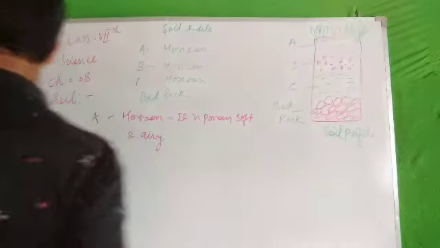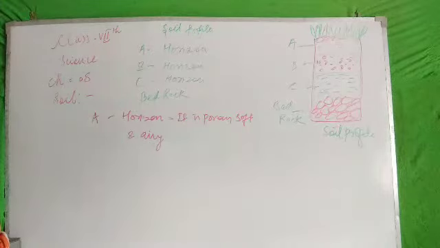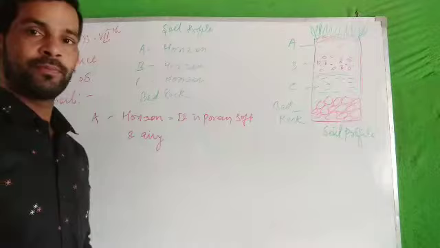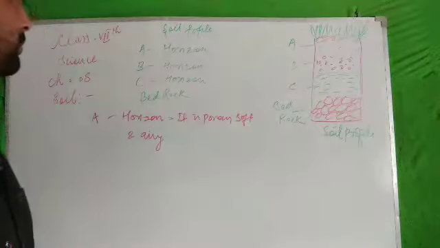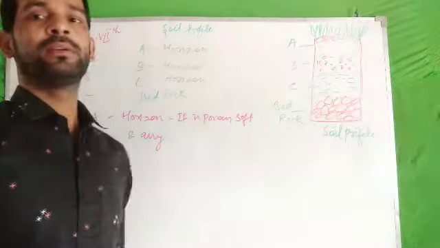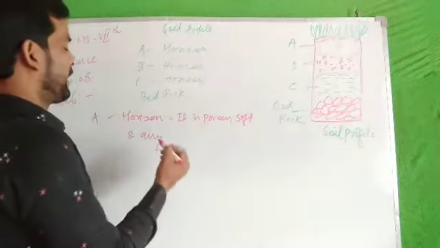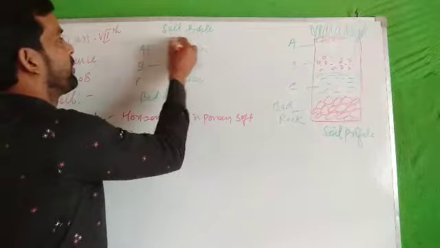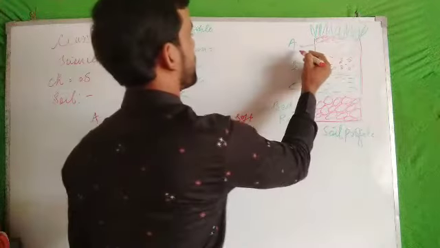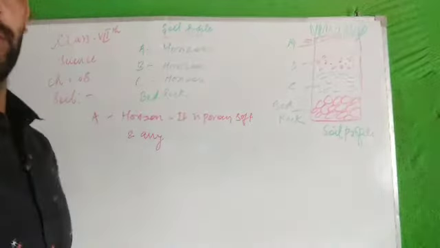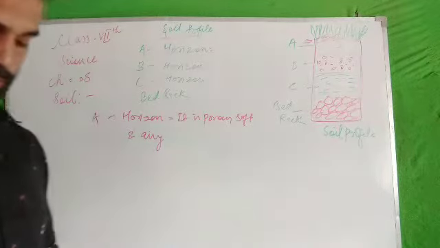It has more space and is at the top of the soil. You can see over here, this one is type A. A horizon is porous, soft and has more space.